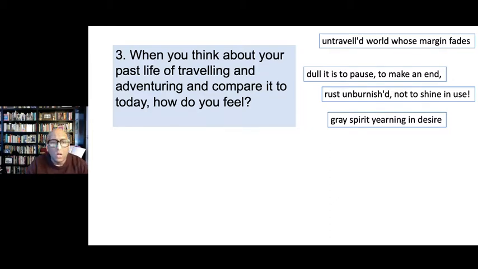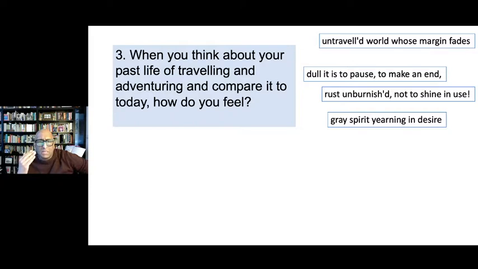So, what do we see? Untraveled world whose margin fades. What a beautiful line. So he by not seeing the world, these things at the margin seem to be going away. And he finds it boring to stop and to maybe finish.